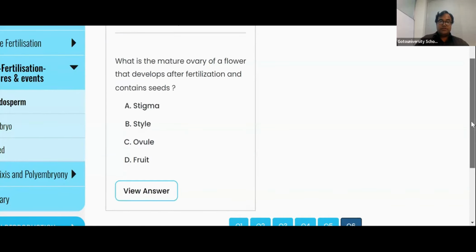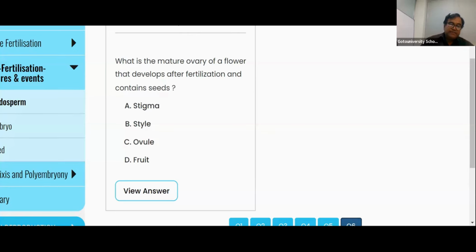Now we are entering into one more important question. What is the mature ovary of a flower that develops after fertilization and contains seeds in it? Stigma, style, or fruit?